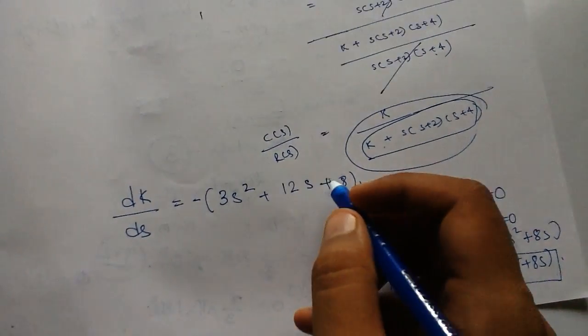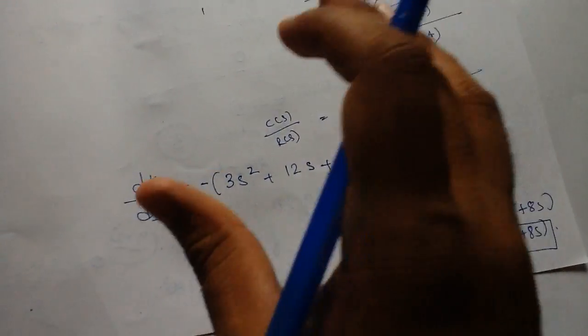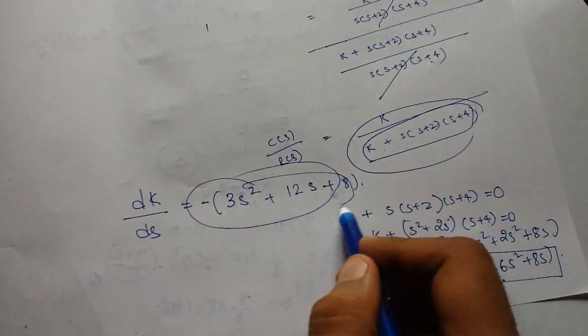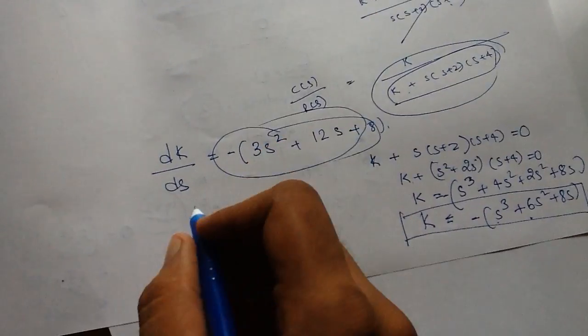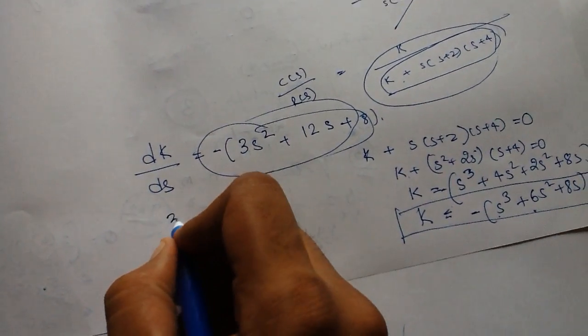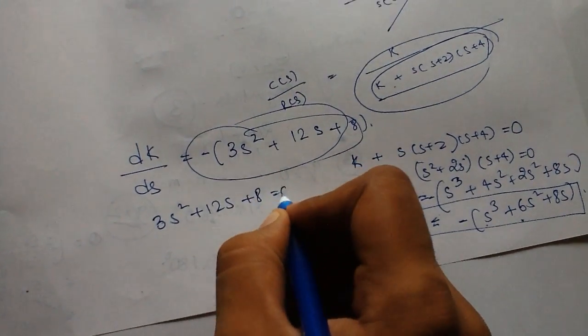So this is dk by ds. You need to find out the roots of this expression. Equating dk by ds to 0, you will get 3s square plus 12s plus 8 is equal to 0.